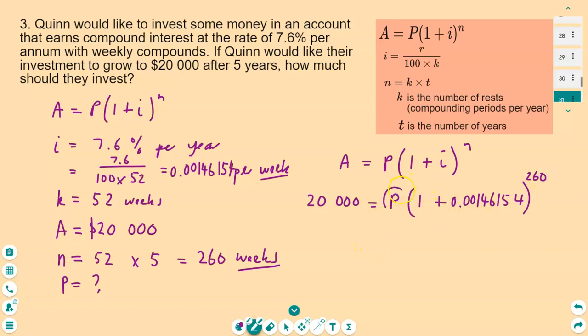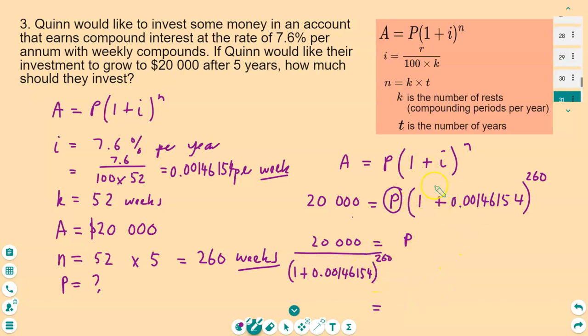Now we need P. We're going to divide both sides by that. 20,000 equals P times this big old decimal, so we divide both sides by it.